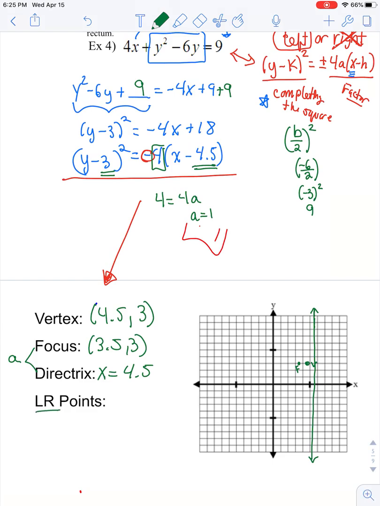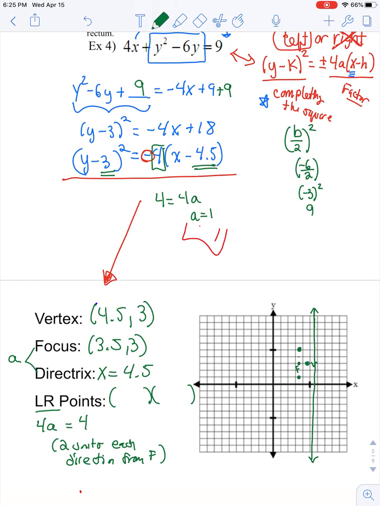My focal width or latus rectum is 4a units long, and our 4a value is just 4, so we're going to go 2 units each direction from the focus. And back to my focus here, I'm going to go 2 units up, and I'm going to go 2 units down, and just pay attention to these ordered pairs, especially since we're dealing with some decimals here.